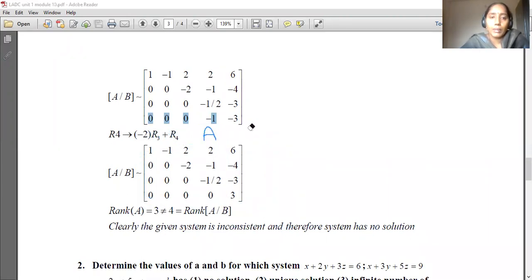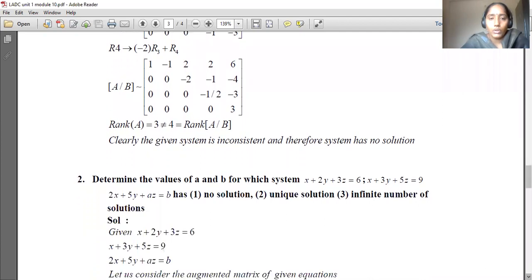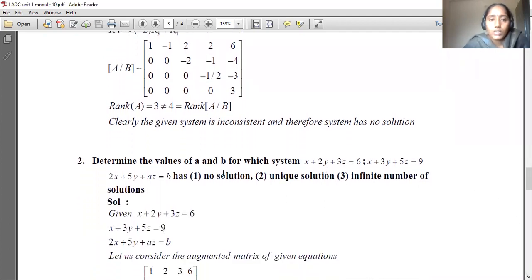Now we go through another example. Observe this: determine the values of a and b for which the system x plus 2y plus 3z equals 6, x plus 3y plus 5z equals 9, 2x plus 5y plus az equals b has no solution, a unique solution, or an infinite number of solutions.